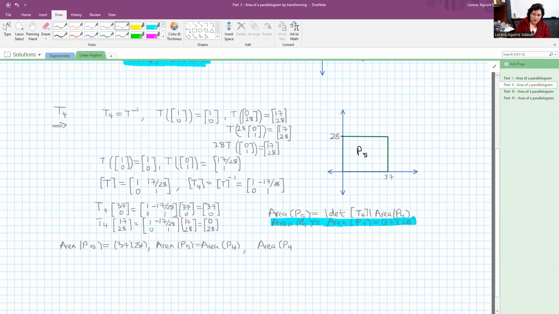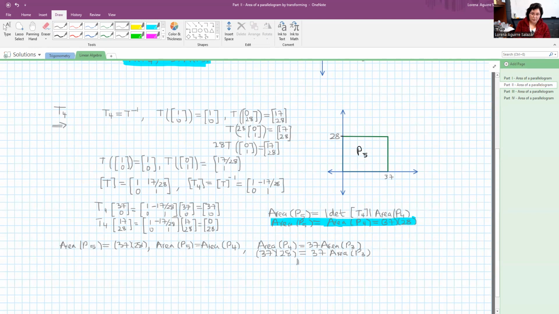But the area of P4 is the same as the area of P5, and the area of P5 is 37 times 28. So 37 times 28 is 37 times the area of P3.